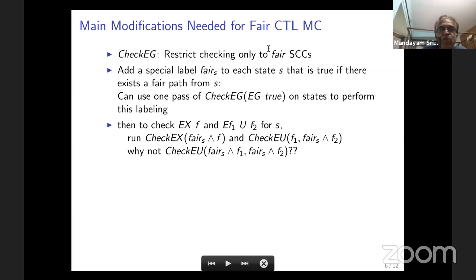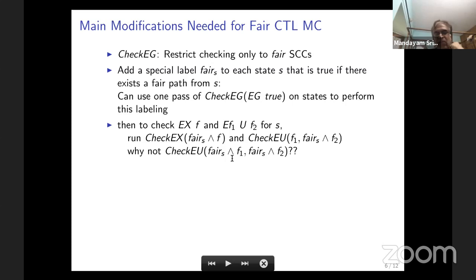After you modify this to limit yourself to fair SCCs, let me call this check fair or something like that. Then you will have to do check fair of EG true for all the states. Then you label each of them, that determines the fair states. And then when you check EX of F and E of F1 until F2, wherever you have F, you add the fairness label in the state that you'll be checking, okay, and that's what you do.